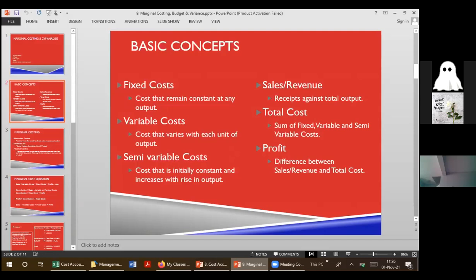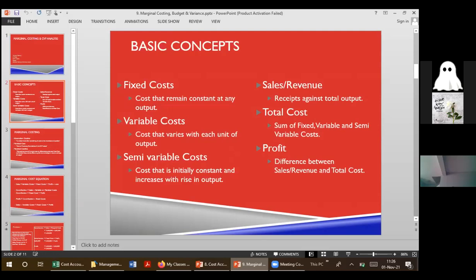Sales and revenue, we know what they are: receipt against total output. When you sell your production, the money you get is the sales revenue. Total cost is the sum of fixed, variable and semi-variable costs. So every cost that you have adds up to become your total cost. Then profit is the difference between sales revenue and total cost.